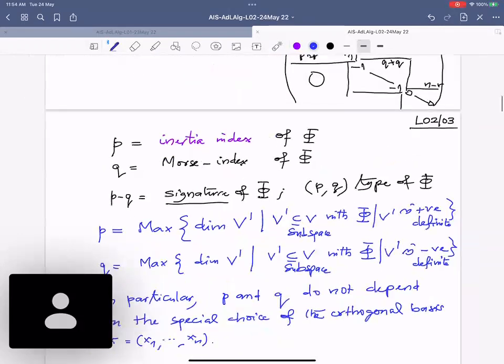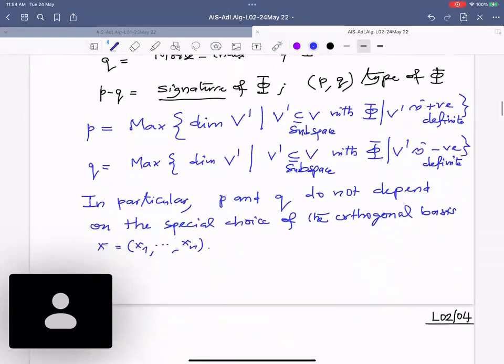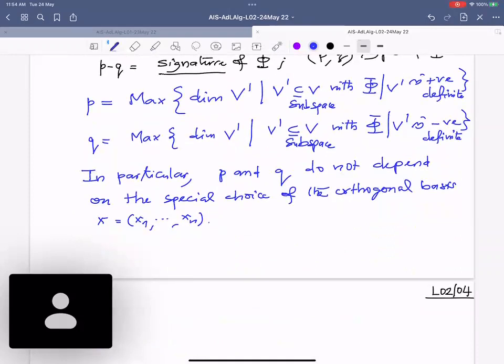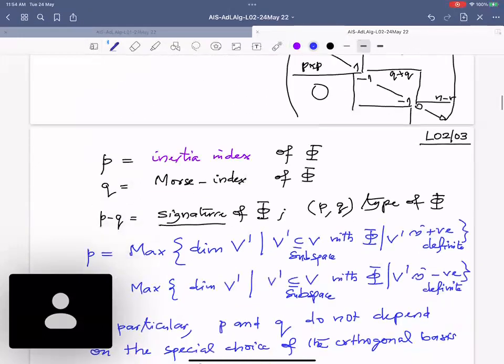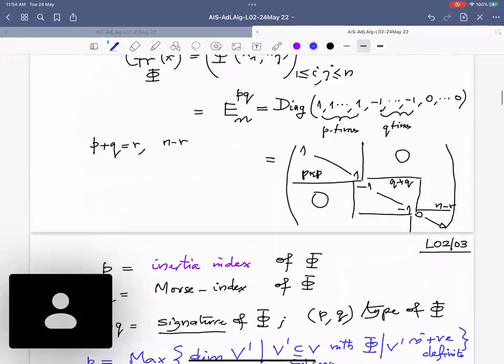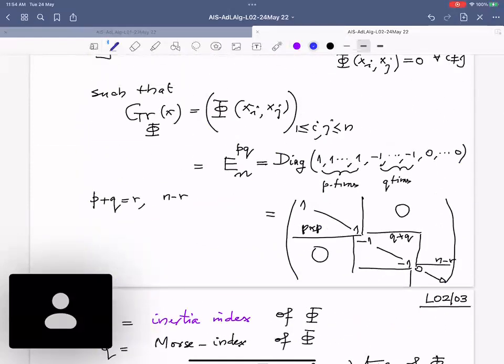You see, try to get the point. Why did I say P equal to this and Q equal to this, and then in particular? Because normally, if you try to prove there exists a basis such that the matrix is this, and you don't say what P and Q are, then people will ask you: if somebody finds another orthogonal basis, then you get another P and Q. Why should they be the same?